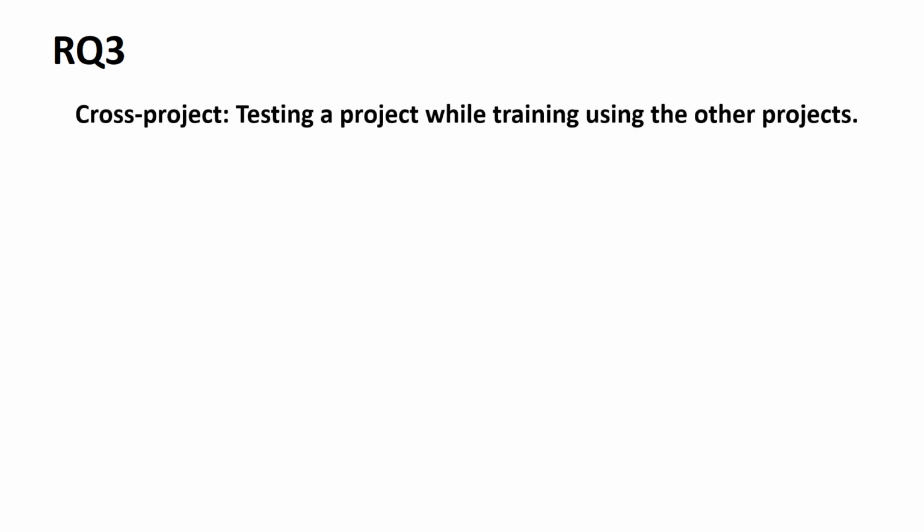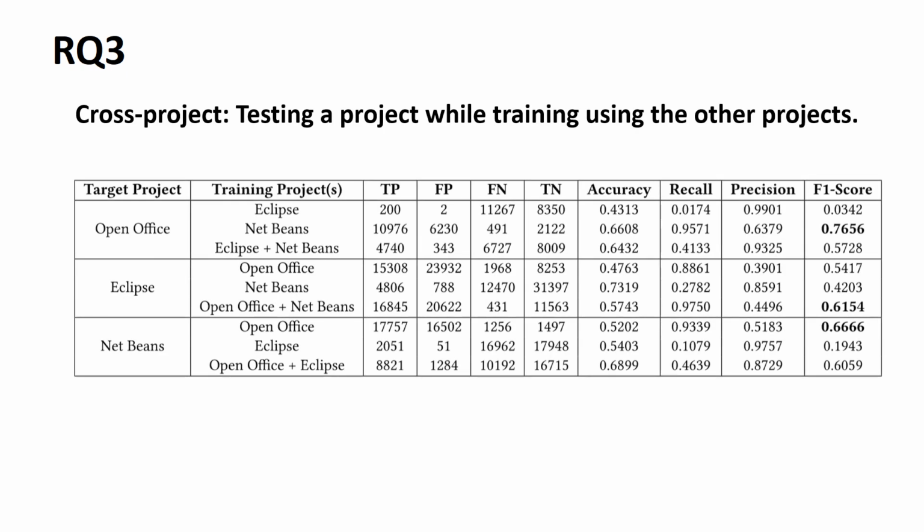It is worth noting that when using OpenOffice as a training project, the experimental result of NetBeans is better. When using NetBeans as the training project, the evaluation result of OpenOffice achieves a better performance.